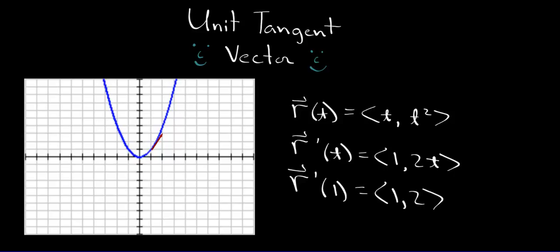Now, what I want to do at this point is see if we can figure out another vector. Let's suppose we want a vector that's normal to this vector, in fact, one that goes into the concavity. So we've got this vector here, 1, 2.